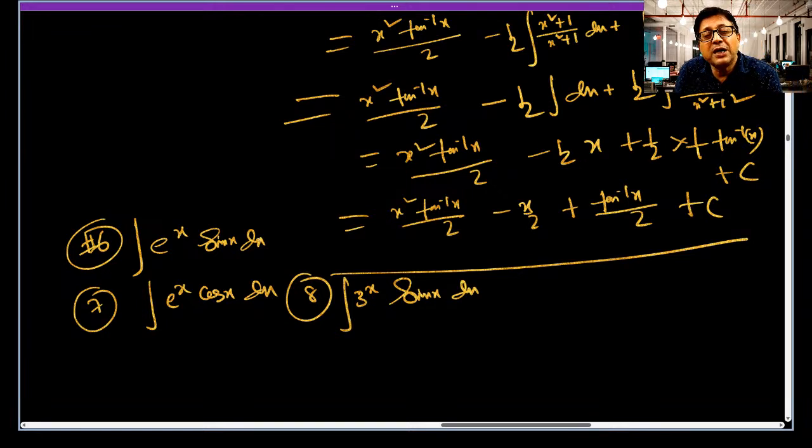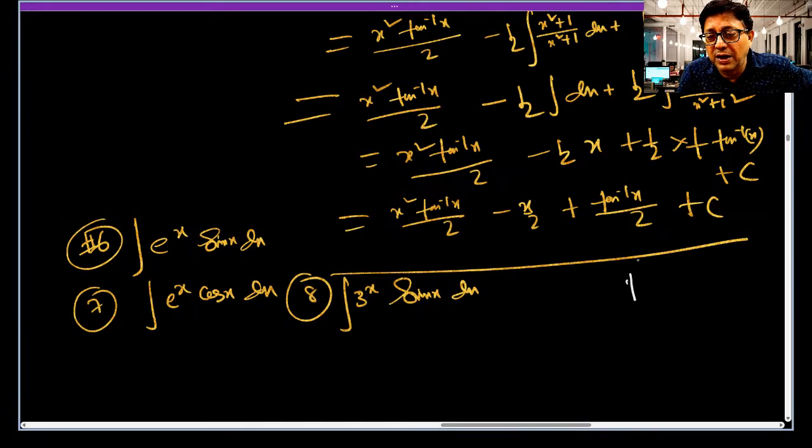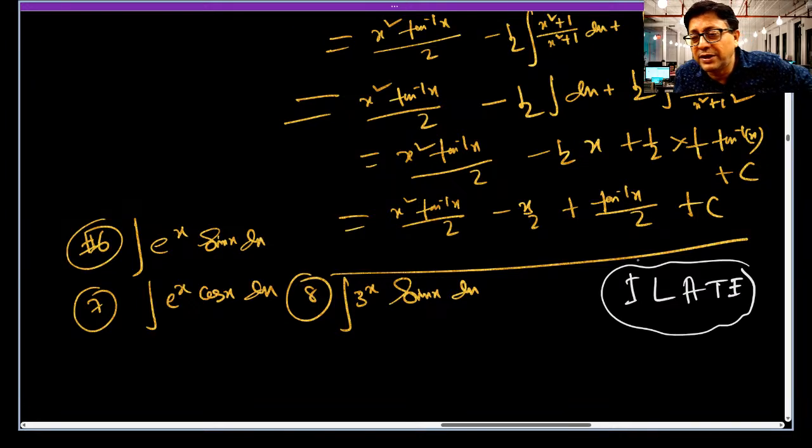So these are exponential multiplied by a trigonometric function. Okay, this 6, 7 and 8. So you can follow the Euler rule only. I-L-A-T-E. Inverse, logarithmic, algebraic, trigonometric, exponential.